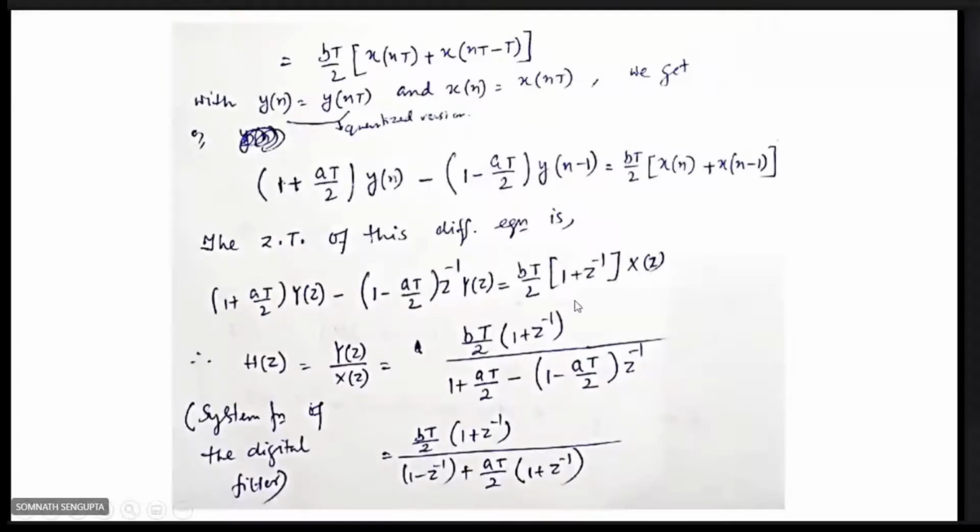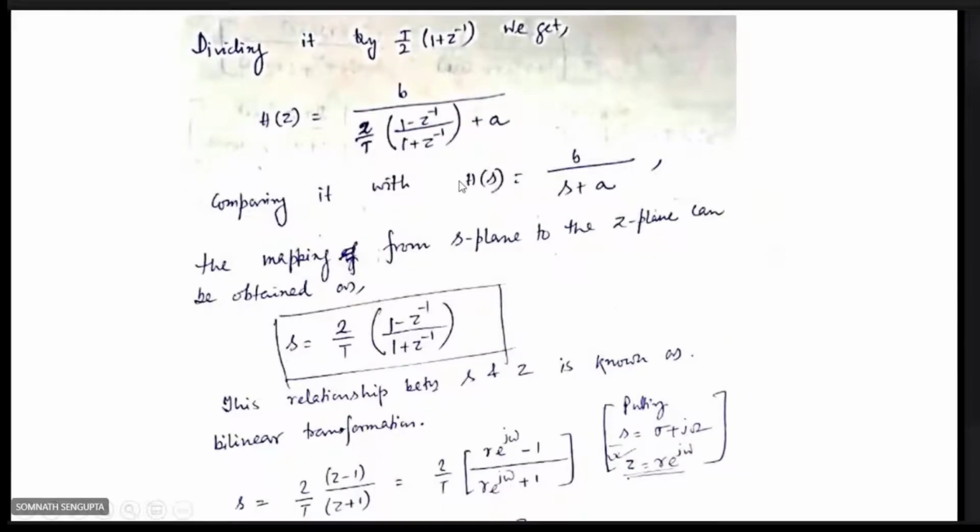You just divide both numerator and denominator by 1 plus z inverse, and you will get this function. Comparing with the analog transfer function, we can write that s is equal to 2 by t into 1 minus z inverse divided by 1 plus z inverse.